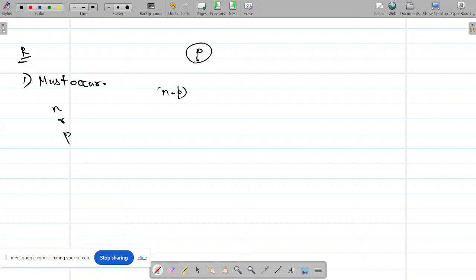N minus P, P, R minus P. That is, instead of NPR we consider it so, removing P. And we'll have this internal arrangement, which is R, P, P. So I can just highlight this term as internal arrangement.